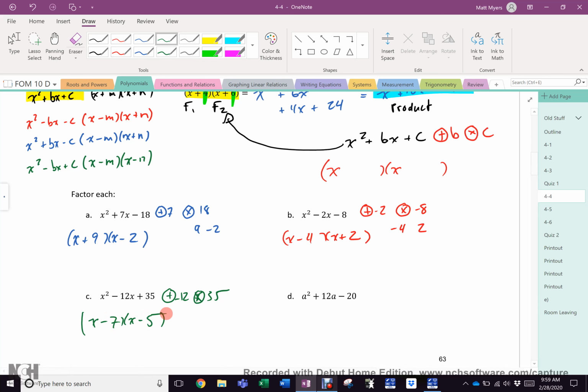Now listen, please. Some of you, a lot of you, are going to feel that you don't know what you're doing or you can't do this because some kids find that pair very, very quickly. Does that mean you don't know what you're doing?